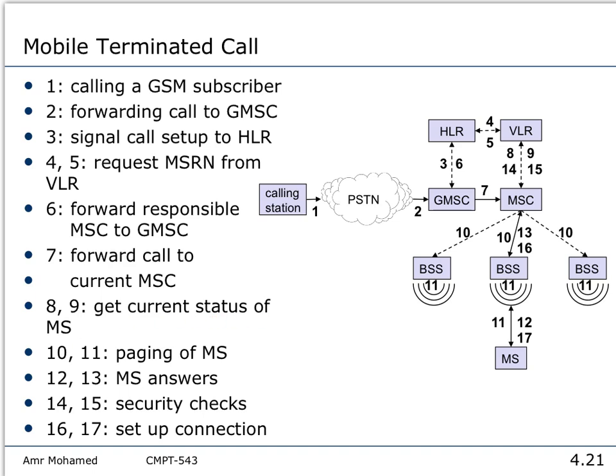And then if I do all the checks and make sure that this mobile station has access to make this call, then the MSC will do paging. Paging, layer number 10 here, is a broadcast signal to all the base stations in that particular area. The base station subsystem includes the BSC and BTSs.